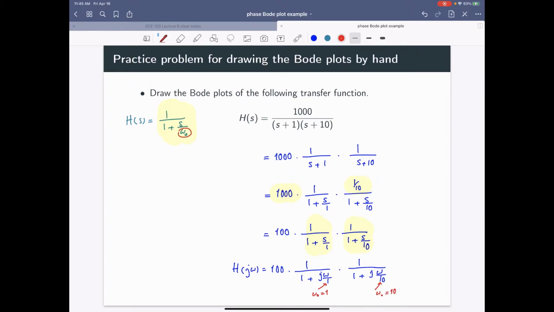Next, the magnitude of H(jω) is equal to the magnitude of this function multiplied by the magnitude of this function multiplied by the magnitude of this function, and the phase of H(jω) is equal to the phase of this function plus the phase of this function plus the phase of this function. I'm going to show you why this is the case.